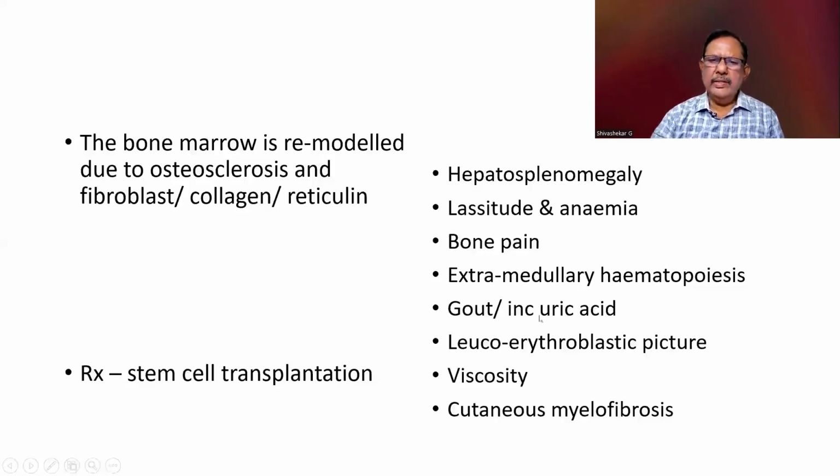Gout and increase in the uric acid will also be seen. Leukoerythroblastic picture. Viscosity of the blood can increase in some cases. And rarely you can get cutaneous nodules called cutaneous myelofibrosis. So these are the clinical features, the substance that is being deposited, and what is the treatment.